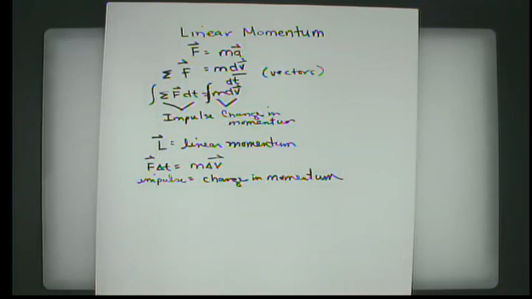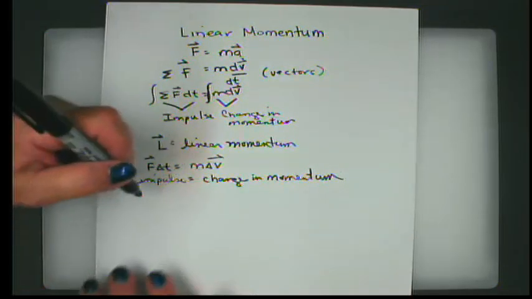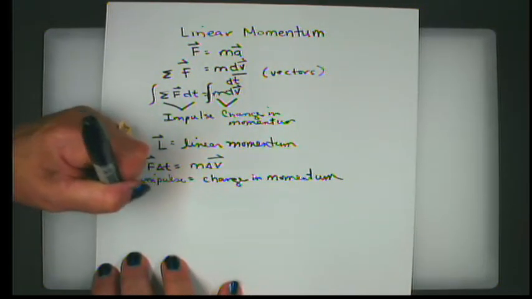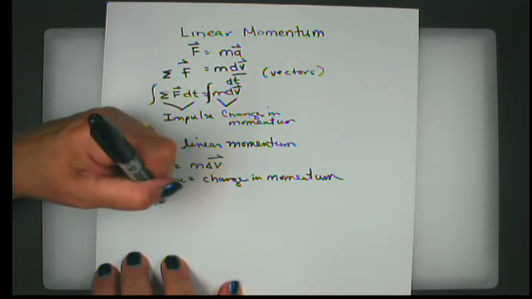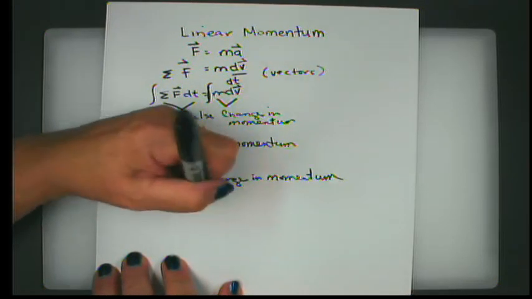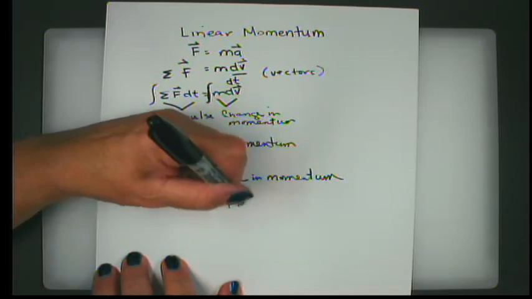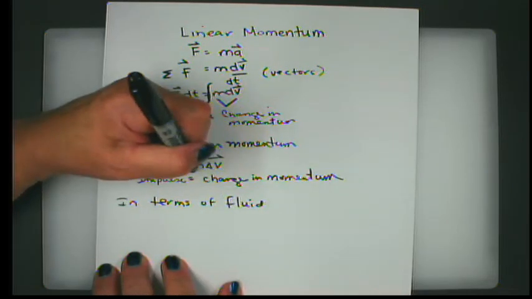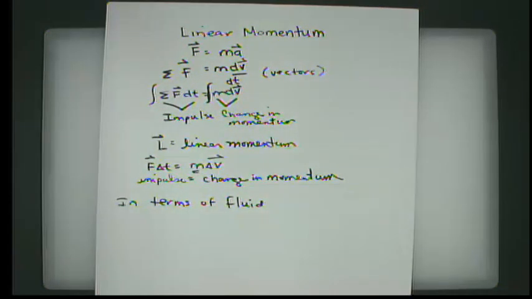Now, when we think about this in terms of a fluid system, we need to decide how we're going to look at this mass term. It's very simple when we're talking about solids. We just have a block and it has such mass, or we have a wire and it has such mass.